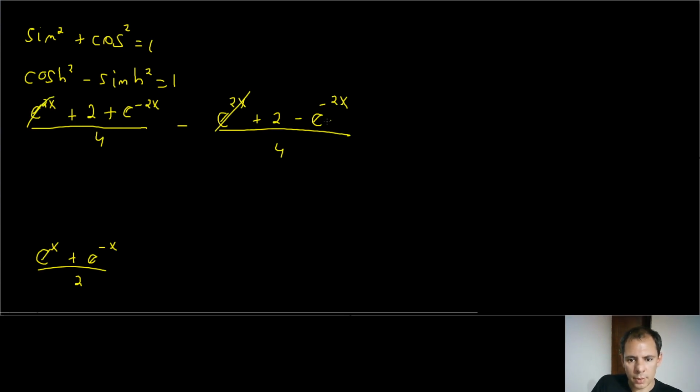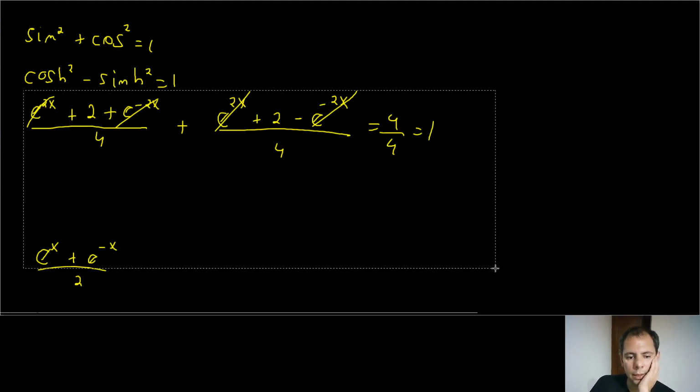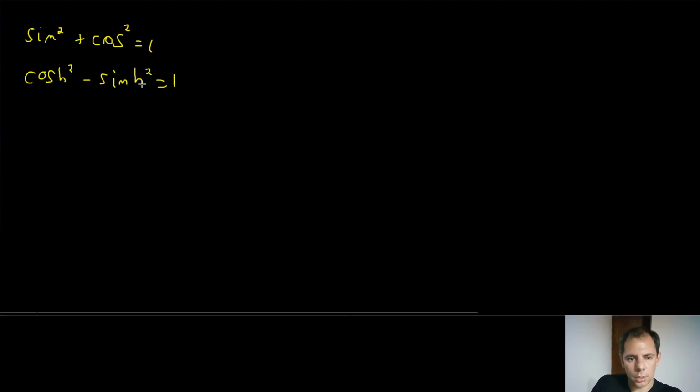E to the minus 2x minus e to the minus 2x, these two cancel. 2 plus 2 equals 4, because when I changed the signs in here, I also had to change this one. So it's 2 plus 2 equals 4 divided by 4, which is 1. So this identity here is proven.